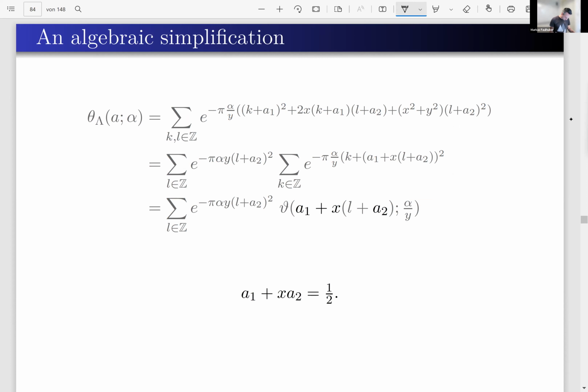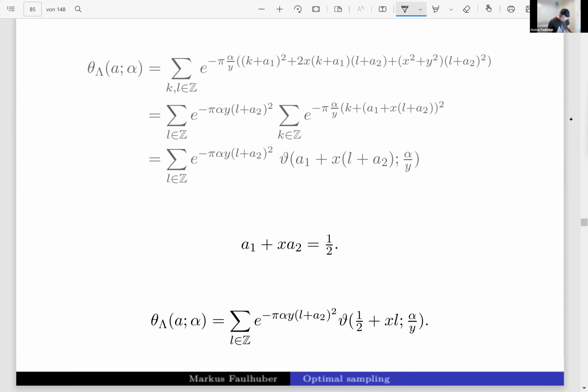And what we observed is, okay, the coordinates A1 plus X, A2, they always fulfill this identity that they equal 1/2. So the dependence on A1 and A2, or on A at all, gets lost in this second part.